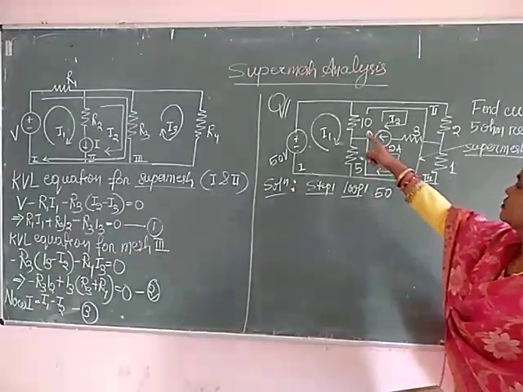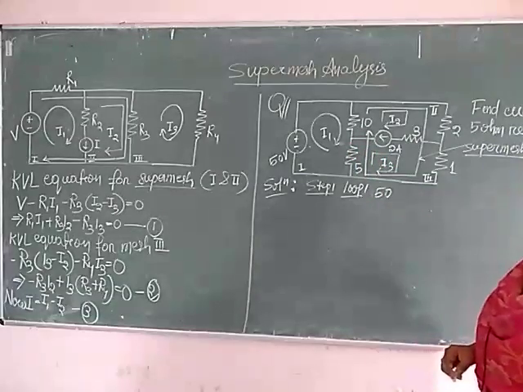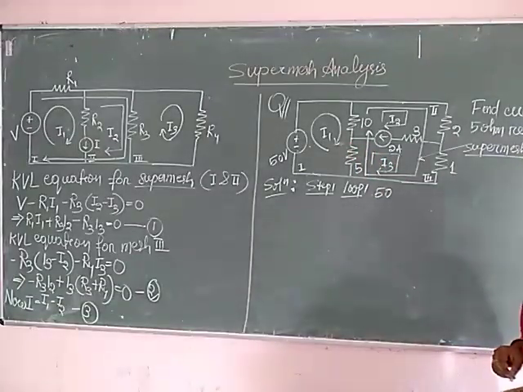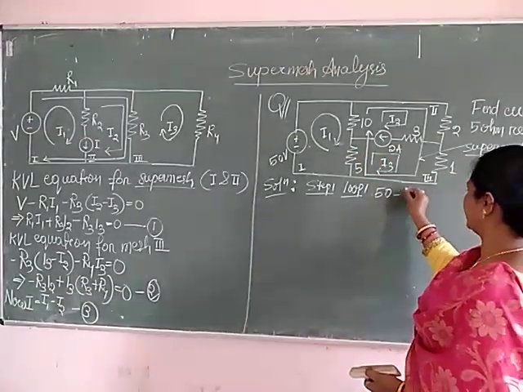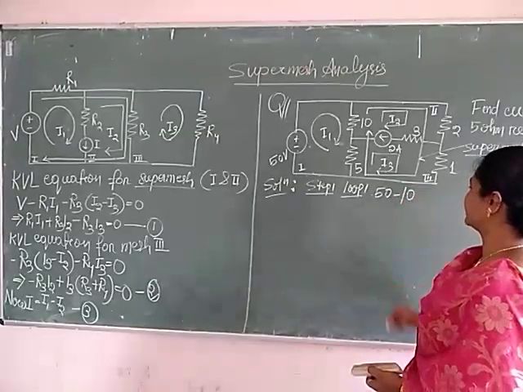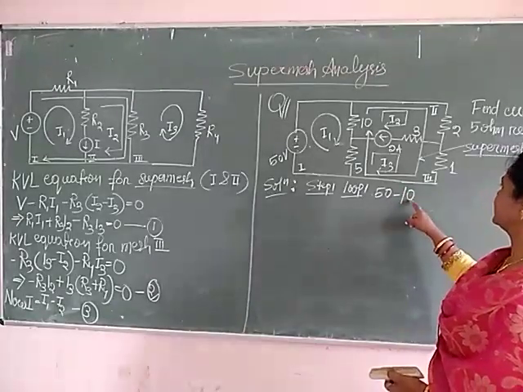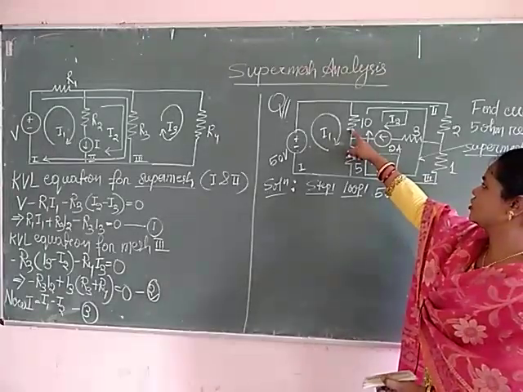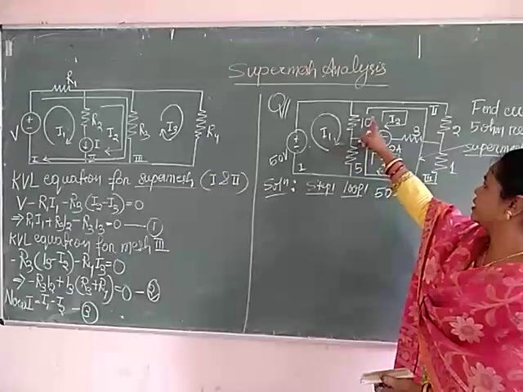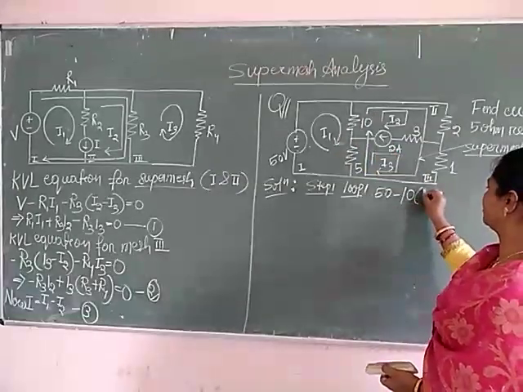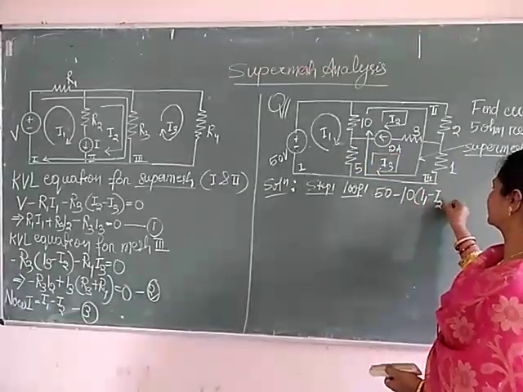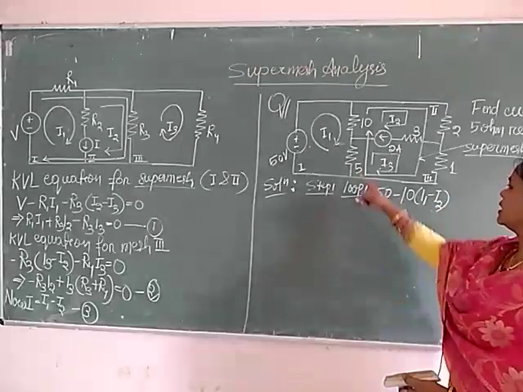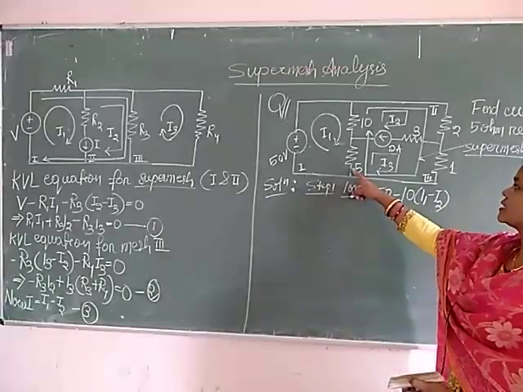Then come to the 10 ohm resistor. What is the potential difference? As it is a voltage drop, I take minus polarity, 10 into the current flowing through the 10 ohm resistor. As 10 ohm is the mutual resistance between loop 1 and loop 2, both currents flow, so I1 minus I2. Then come to the 5 ohm resistor.